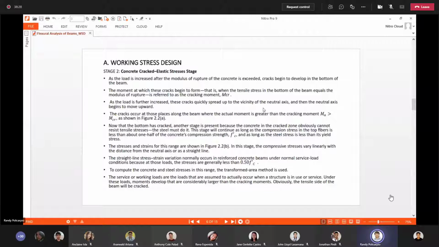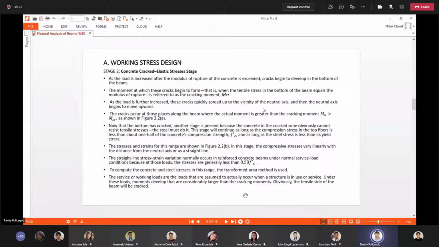Now, with regards to the last statement here, so I think we are already aware that when our beam is on the crack stage, the acting moment is larger than the cracking moment, no? So it is greater than, okay?